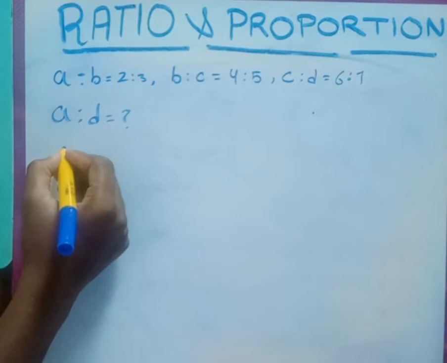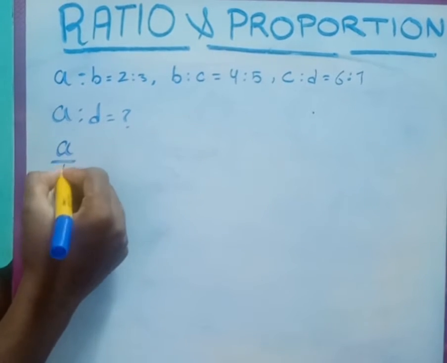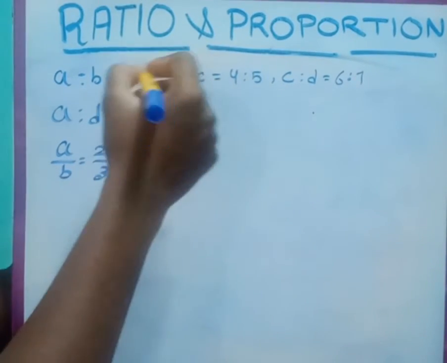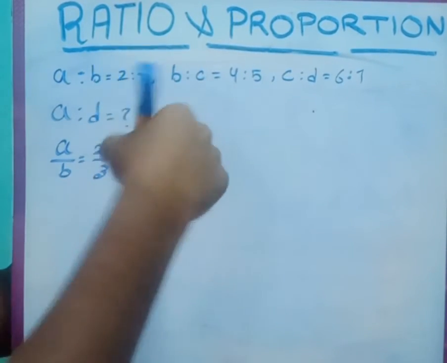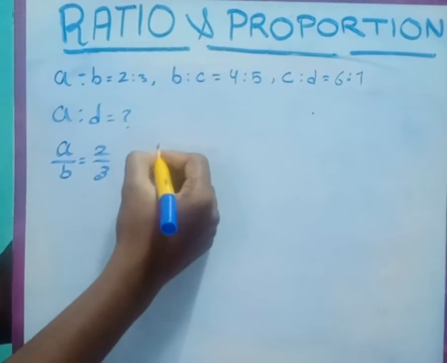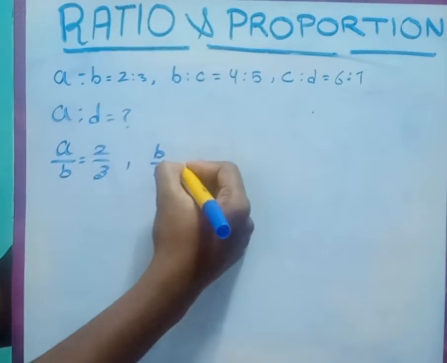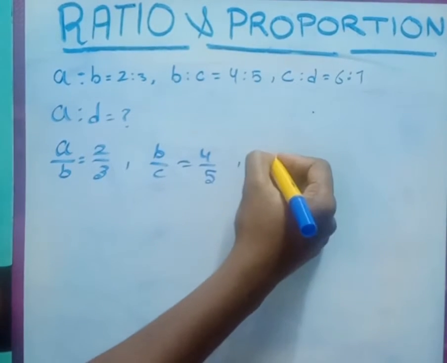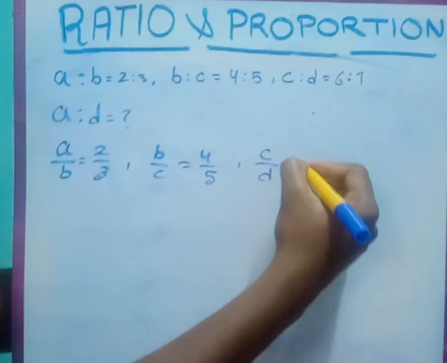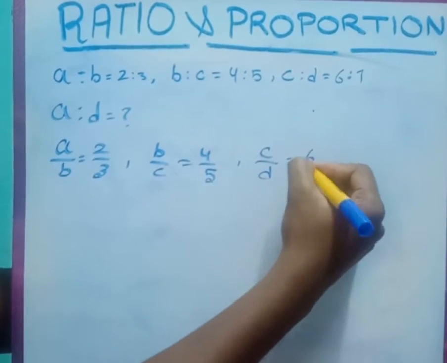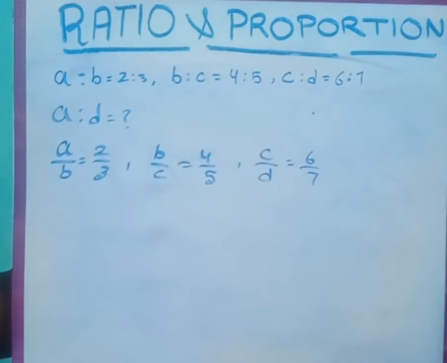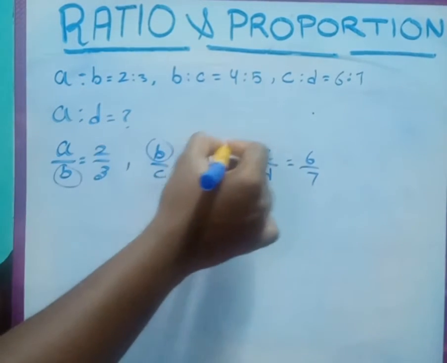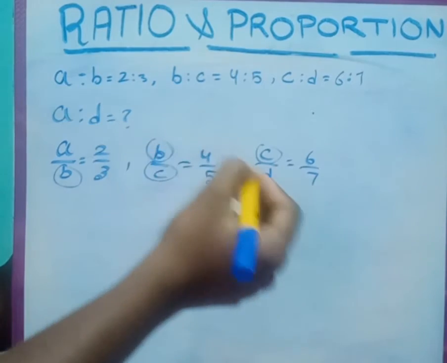So A is to B can also be written as A by B equals 2 by 3. We are just writing these ratios in terms of fractions, right? B is to C can be written as 4 by 5, and C is to D can also be written as 6 by 7, right guys? See, we have some common things, B, C, right?